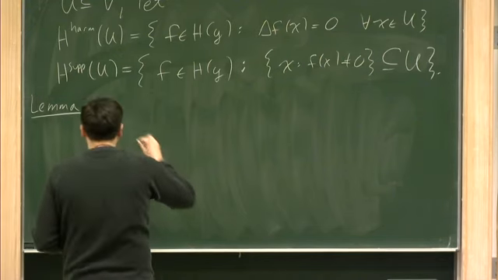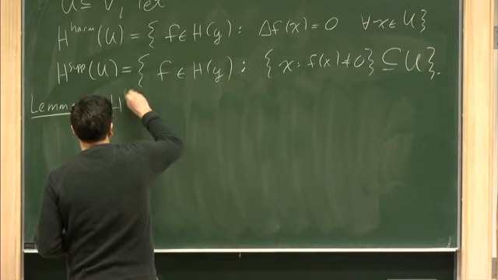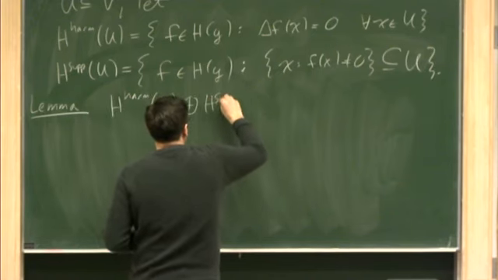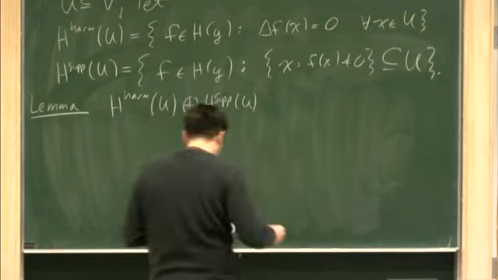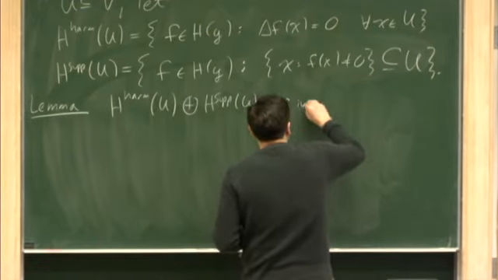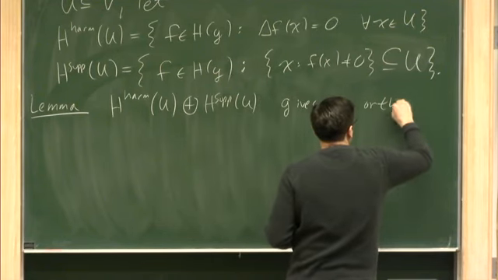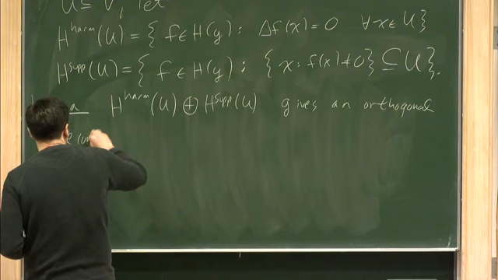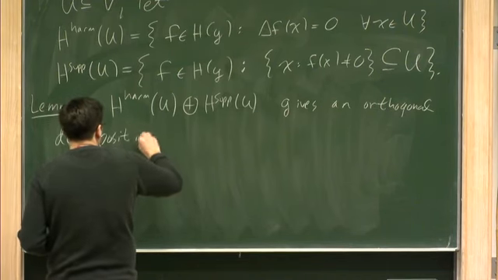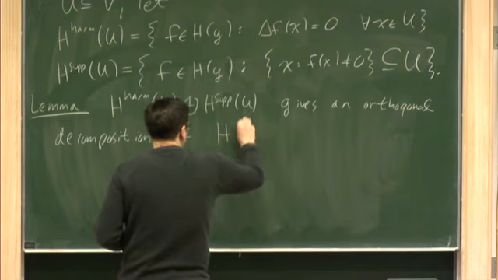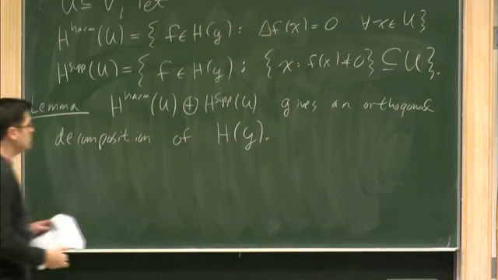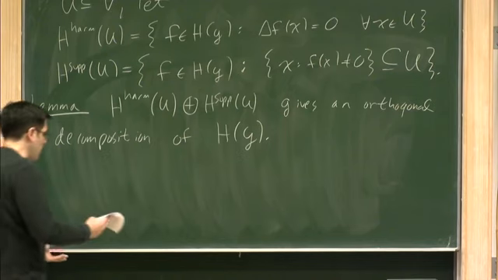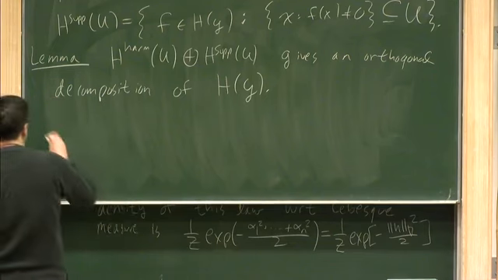What the lemma says is that if you take the sum of H harm of U and H sup of U, then this gives you an orthogonal decomposition of the whole space H of G. Okay, and this little observation is what allows one to give a very short proof of the Markov property for the discrete Gaussian free field. So let's prove this.